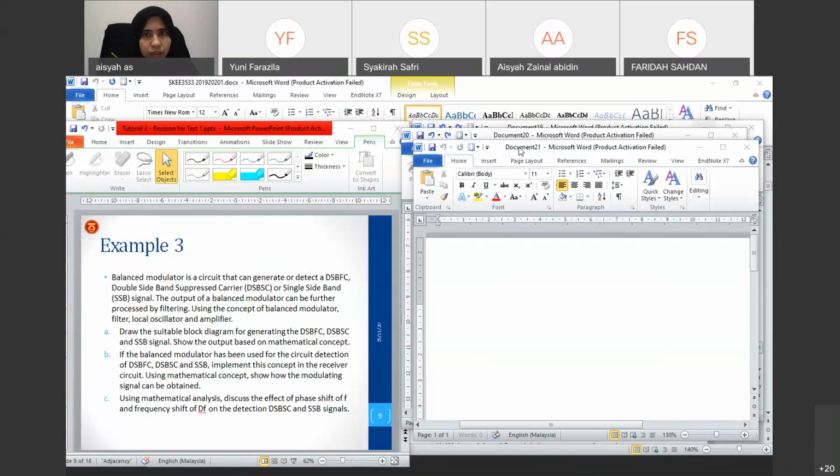And then filter for the cos omega CT. Okay, because from the DSBFC we can also get the DSBSC and SSB by filtering at a certain region.